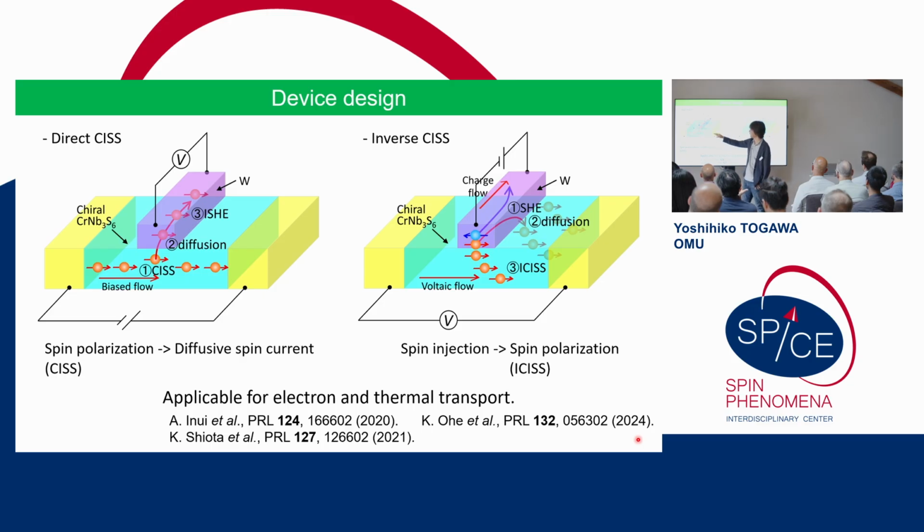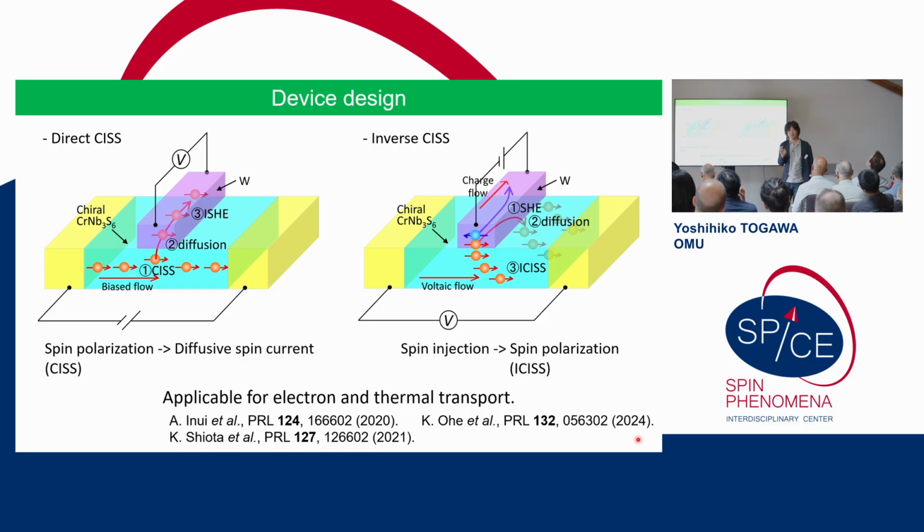Then eventually we can have a transverse voltage. If our assumption is valid, this device would work as we expected. The point is we can do the whole measurement without applying a magnetic field.